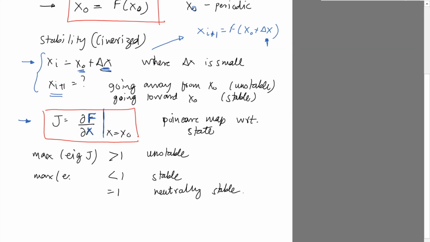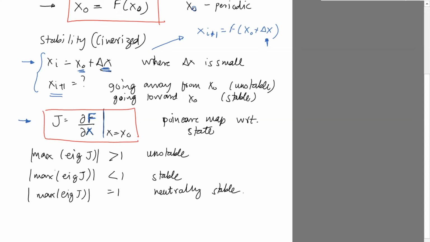If the maximum eigenvalue is less than 1, it's stable. And if it's equal to 1, then we call it neutrally stable. When I say the maximum value, it really means the absolute value, the magnitude of the max eigenvalue.